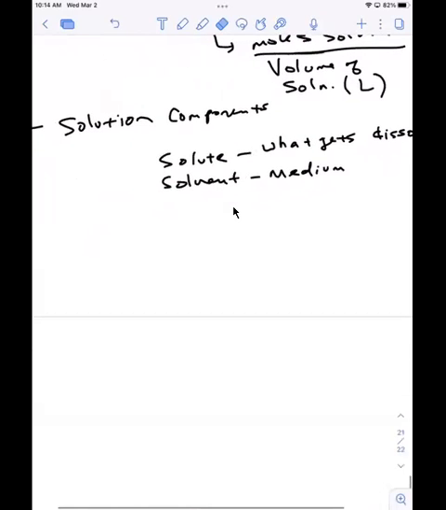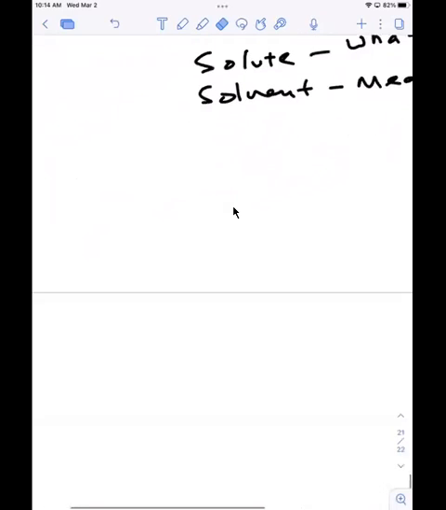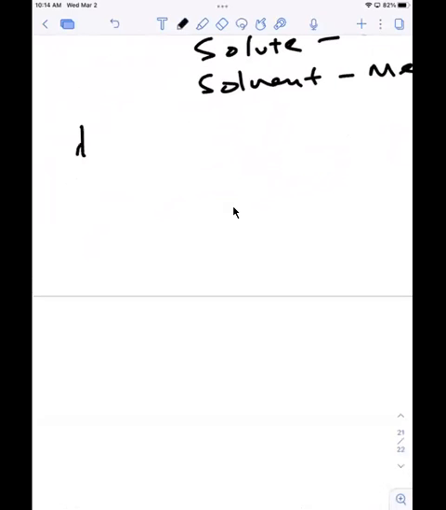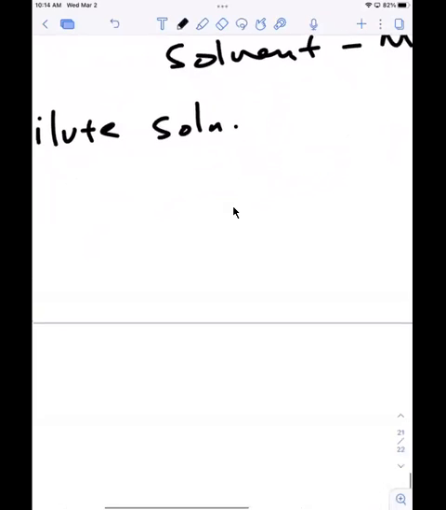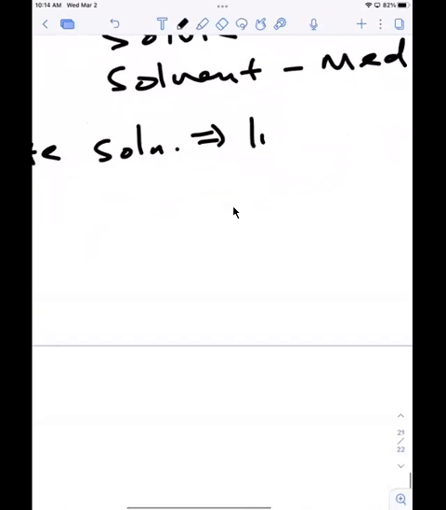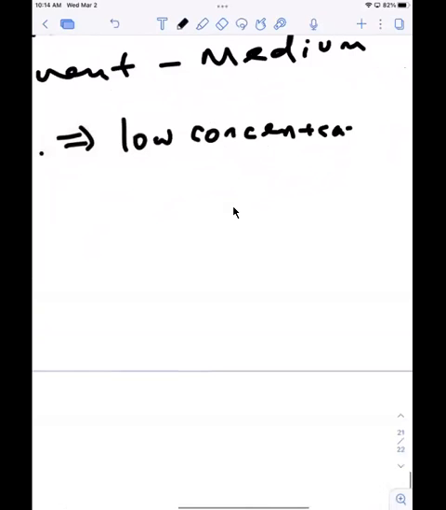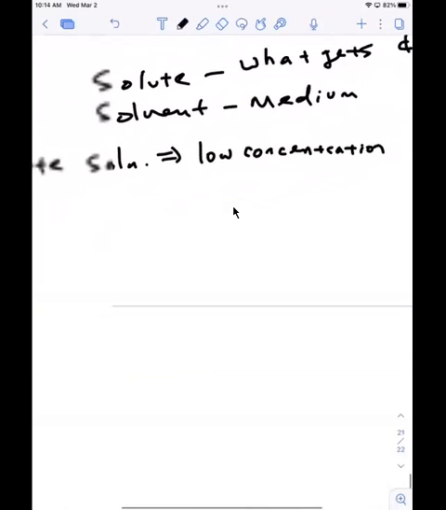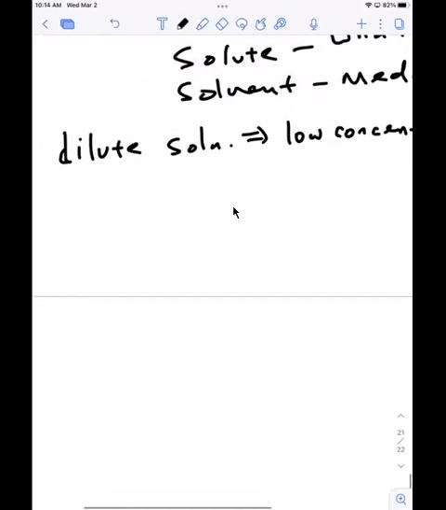And then the way we characterize solutions, we call them either dilute solutions. That means that the concentration is low. And I'm going to abbreviate solution as SOLN. That means low concentration. Right. And then if we have a concentrated solution, that's how we describe a solution that has high concentration.